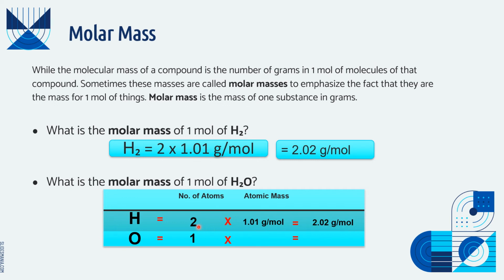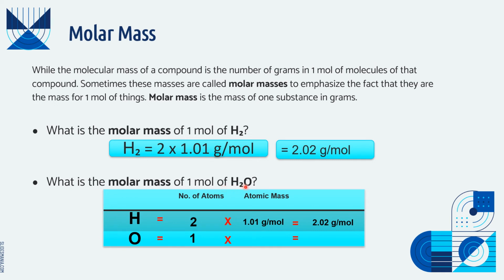We multiply by 2 because there are two hydrogen in water. So in a certain molecule or compound, we have to multiply the number of atoms of that element in that compound by its atomic mass.